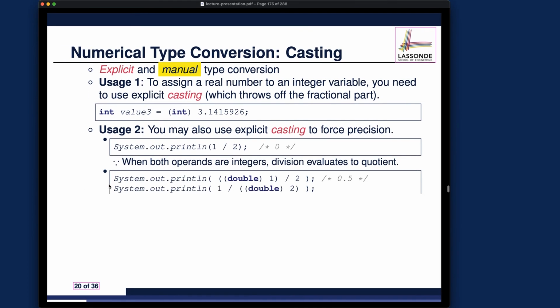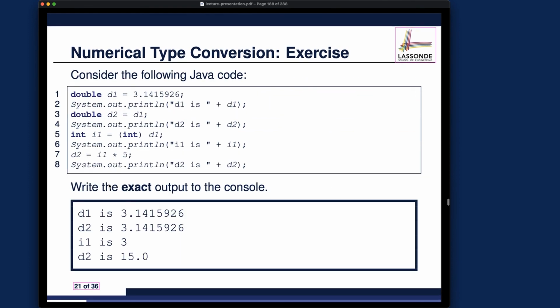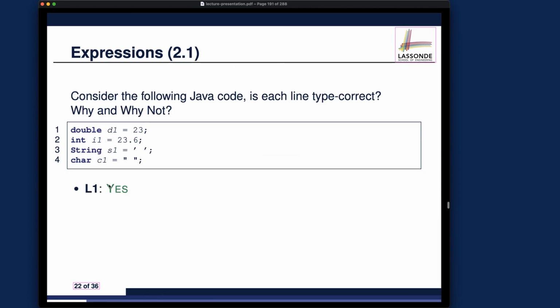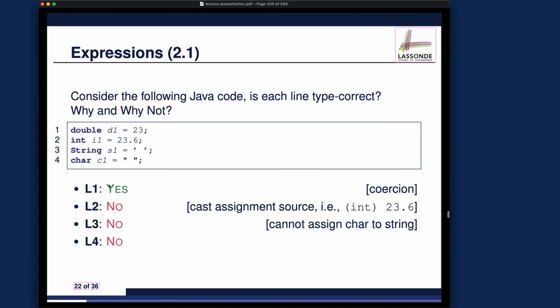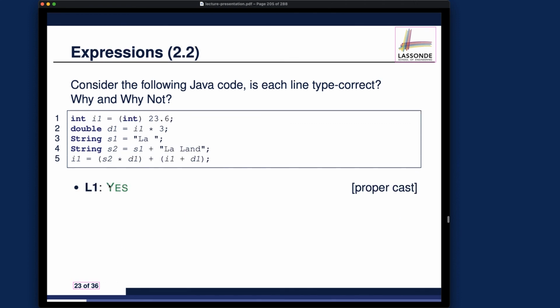So these are all the scenarios about casting that I spoke about. And that's the tracing I did together with you. You can just double check it. And also this is basically the two examples about type correctness. Okay, I also spoke about them in detail with you. All right, there's a second example.